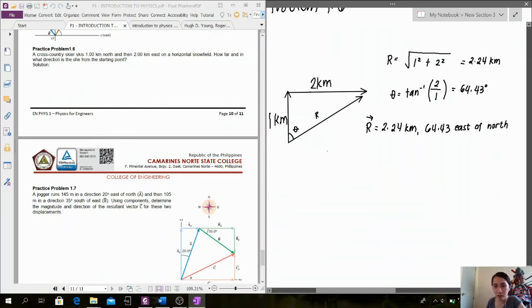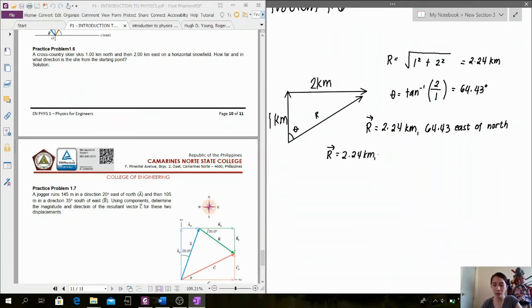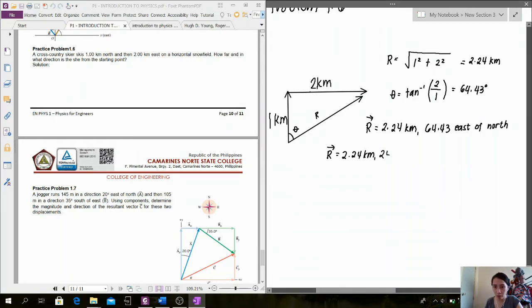Or we can also say that the r is equal to 2.24 kilometers. So for the angle, we can subtract 64.43 from 90. So 90 minus 64.43 is equal to 25.57.